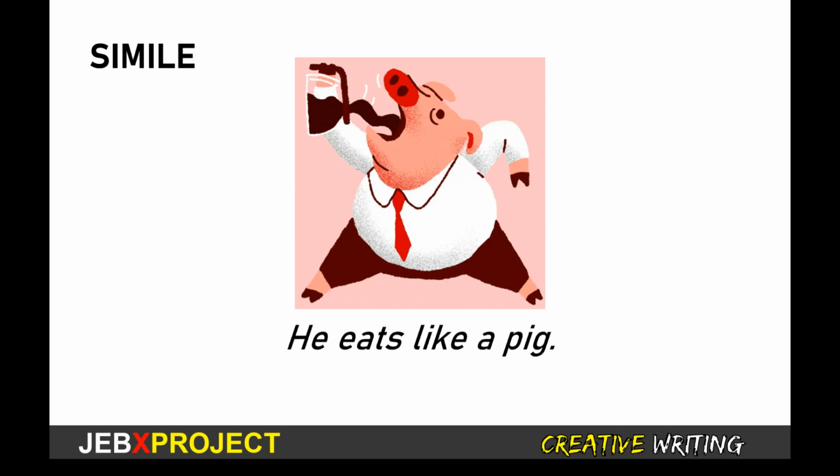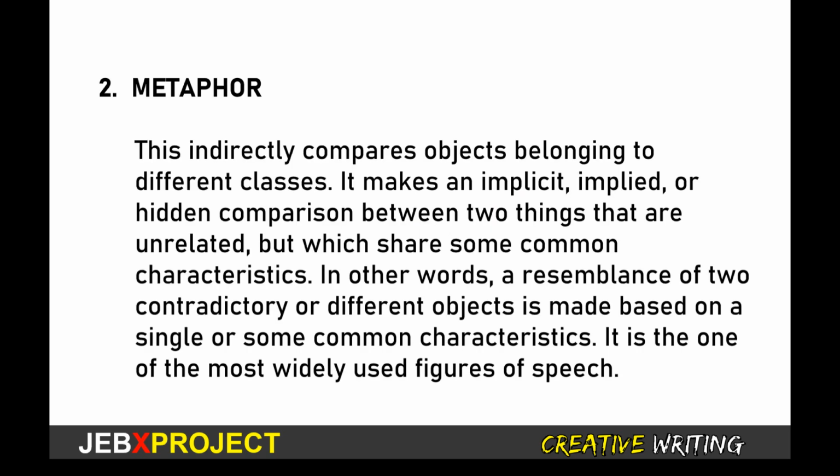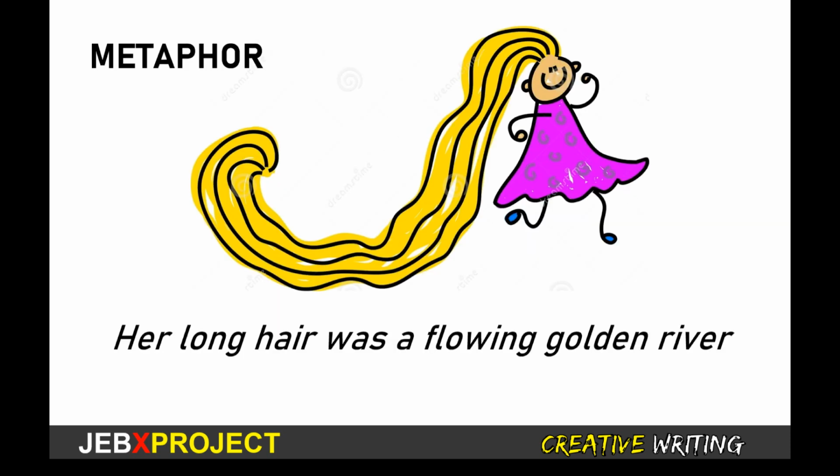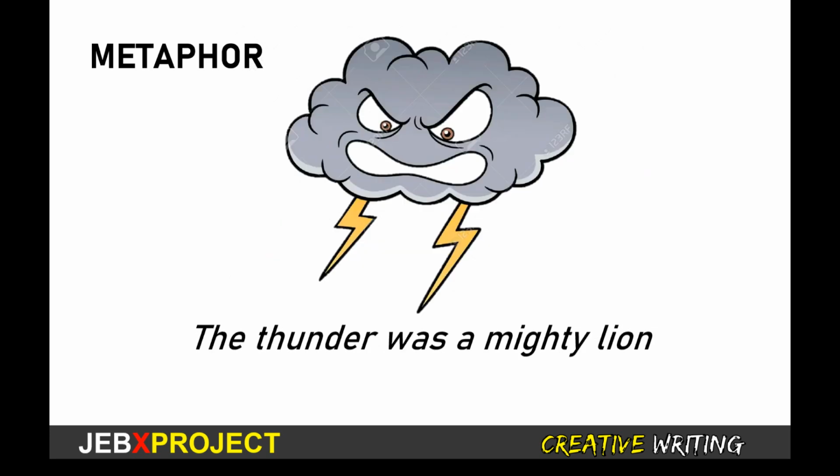In metaphor and simile, we cannot compare a person to another person because that would not be considered as either simile or metaphor. The only difference between the two is that simile uses clue words such as like or as, whereas metaphor is an indirect comparison, so there are no clue words there.